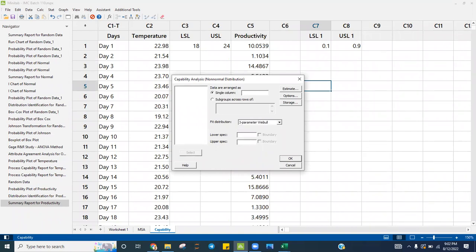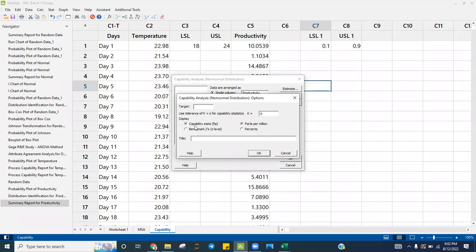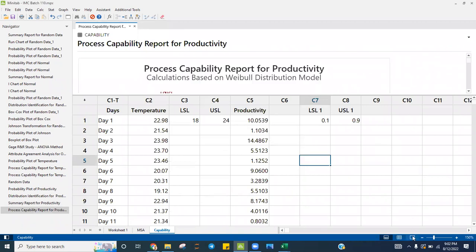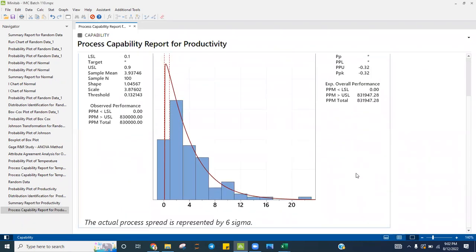Lower specification 0.1, upper specification 0.9, and the data is your productivity. Options the same, capability, parts per million, benchmark or percentage, let it be. Now click on OK, and you will see the graph of the non-normal capability analysis.